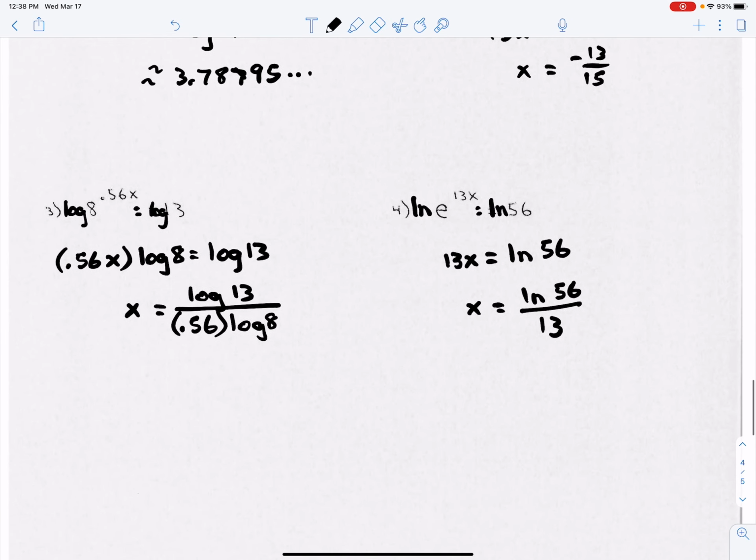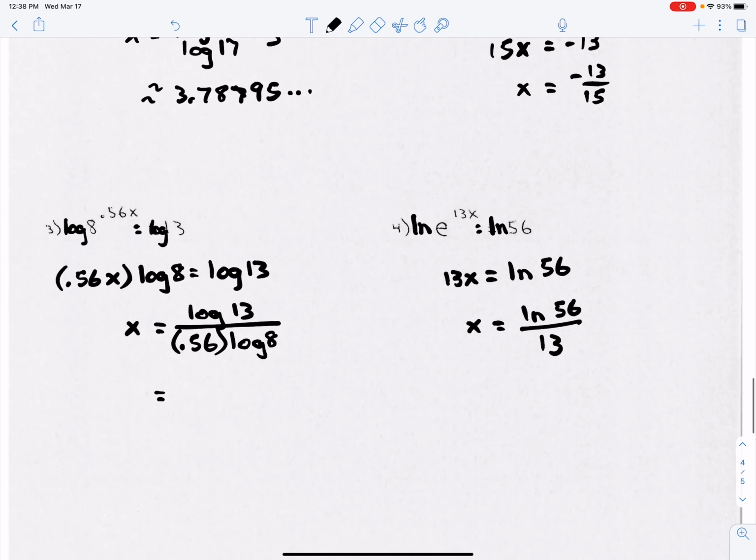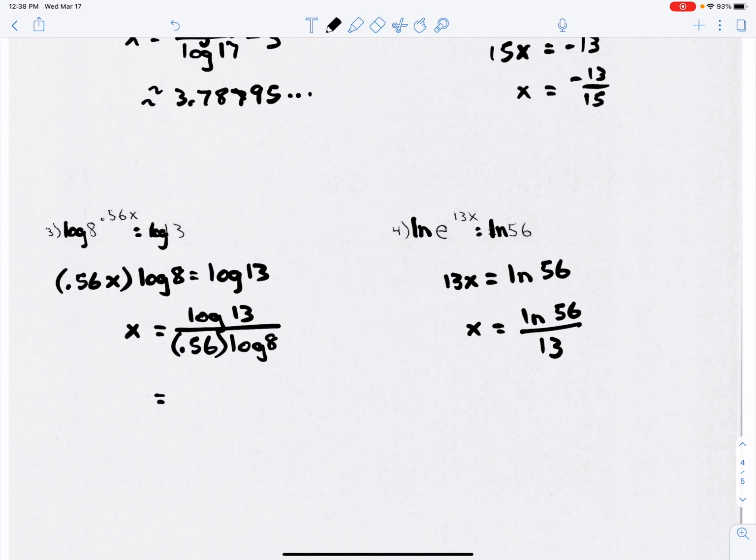Okay, in this case, remember, whenever you have a bunch of stuff in the numerator or denominator, more than one thing, you've got to put parentheses around the numerator and denominator. So here, I'm going to put parentheses around the log of 13 and then divide by the whole bottom, okay? So I'm going to open parentheses and take the log of 13, and then I'm going to close parentheses.